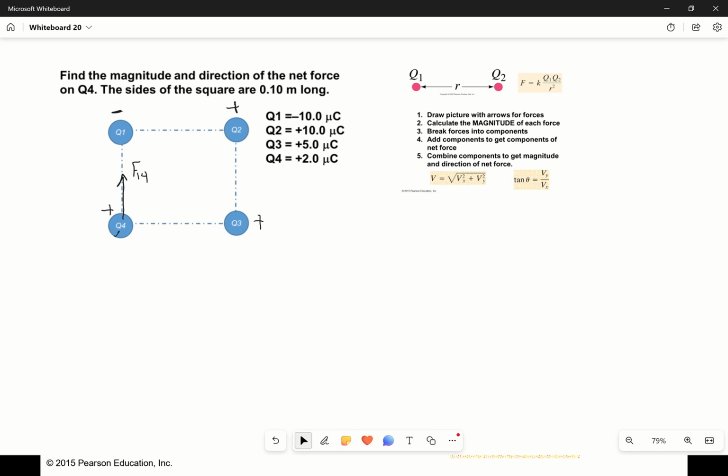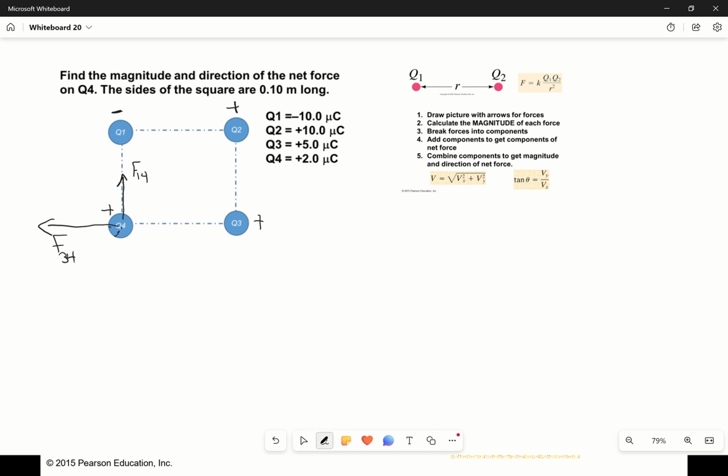All right, how about between Q3 and Q4? Well, they're both positive, so Q4 is going to go straight over towards the left, force 2,4. And then force 3,4, between 3 and 4.